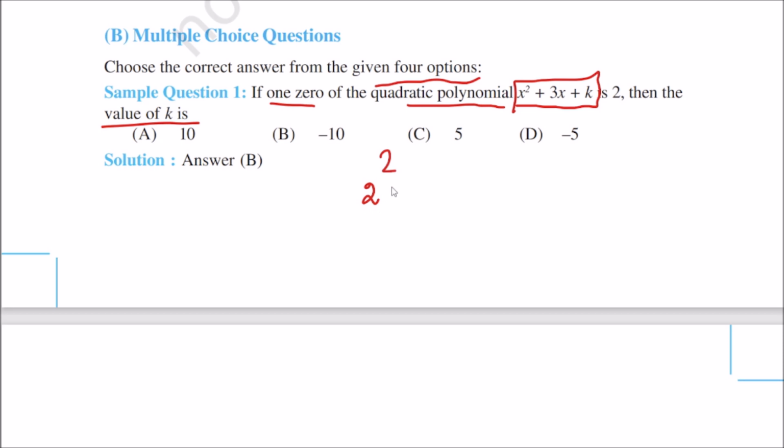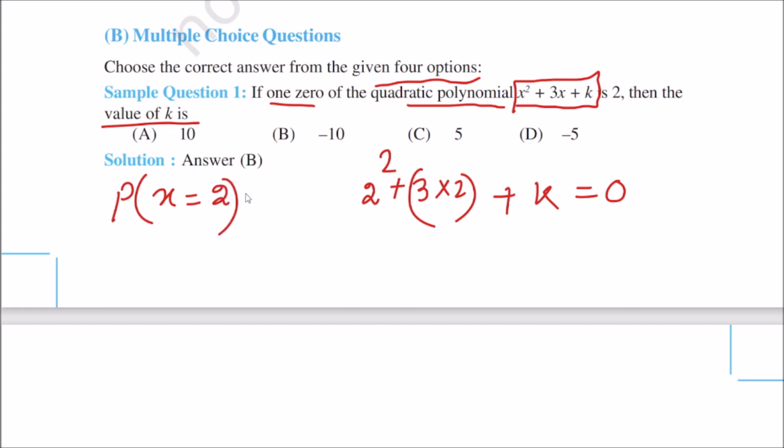So it will be 2 square plus 3 into 2 plus k. This will be 0 because if 2 is a root, the value of the polynomial when x is equal to 2 is equal to 0. So 4 plus 6 plus k is equal to 0. So we are getting k is equal to minus 10. So B is the answer of this question.